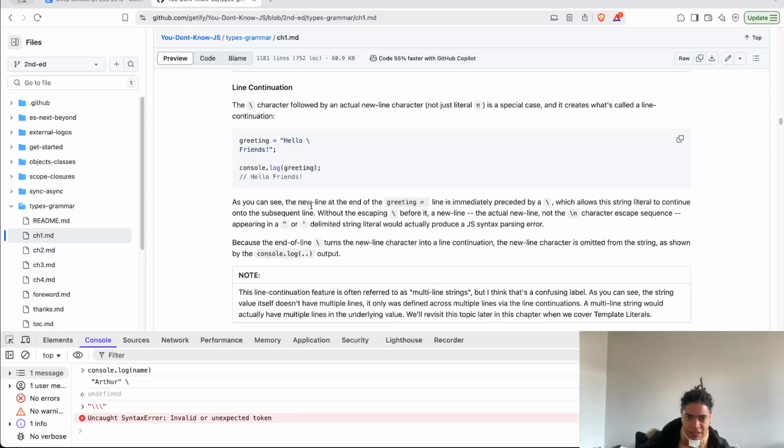As you can see, the new line at the end of the greeting is immediately preceded by a slash, which allows this string literal to continue onto the subsequent line without escaping. A new line, the actual new line, not the new line character escape sequence, appears in it. Exactly, this is line continuation.